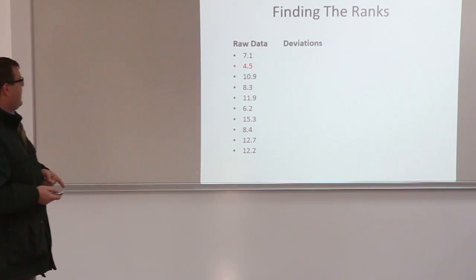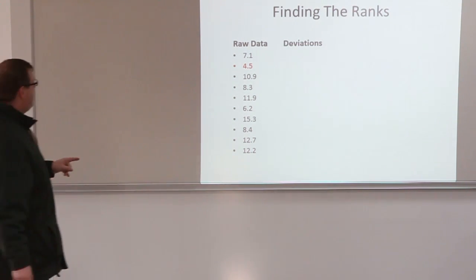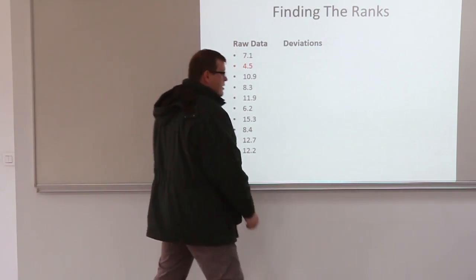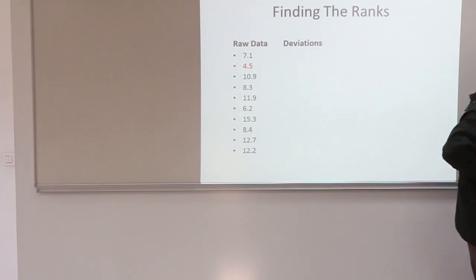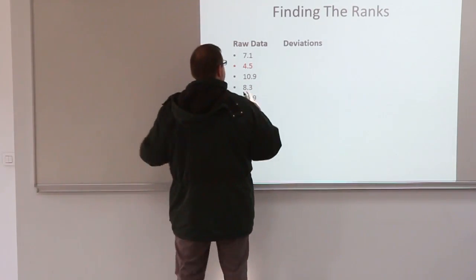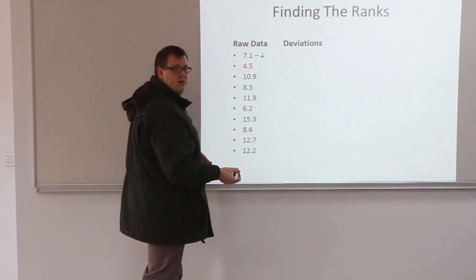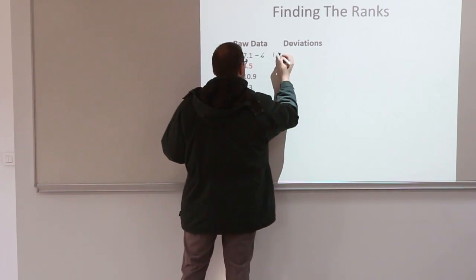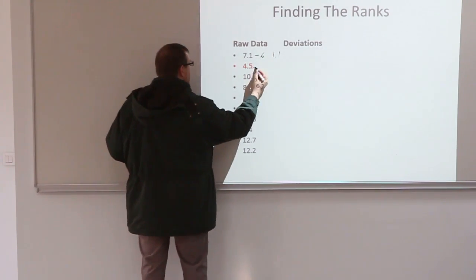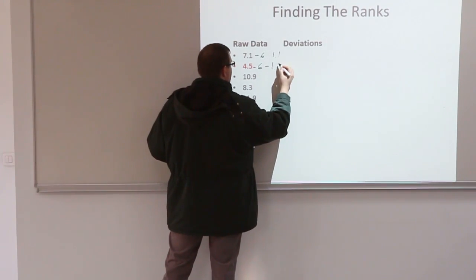I think what I did today, I took the deviations. What are the deviations? For each score, we're going to subtract the hypothesized mean or median. So minus 6, that should equal 1.1. Minus, 1.5.